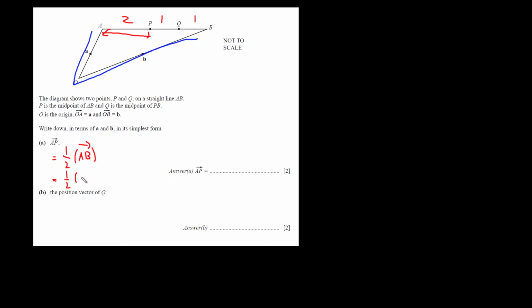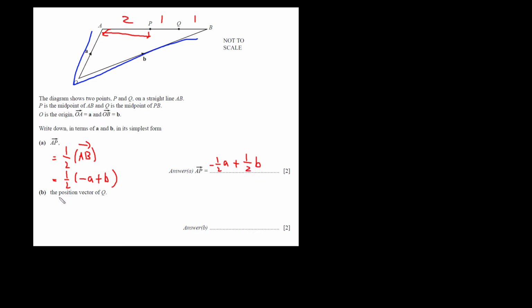So it will be negative A because you're going against A here, and positive B. So therefore your final answer would be negative half A plus half B.